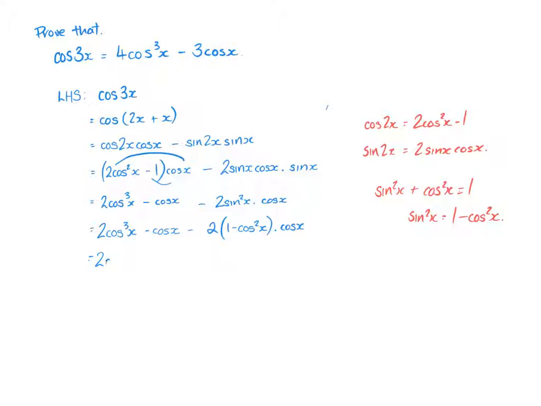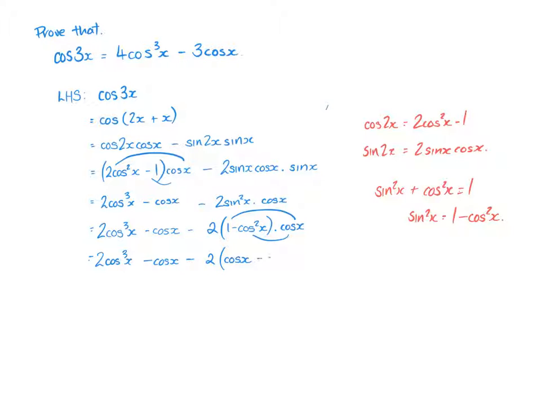So again, this bit just keeps being copied down one line to the next, and then we're going to have take away 2, and then in brackets cos x minus cos cubed x, so this is me multiplying out this bracket here.